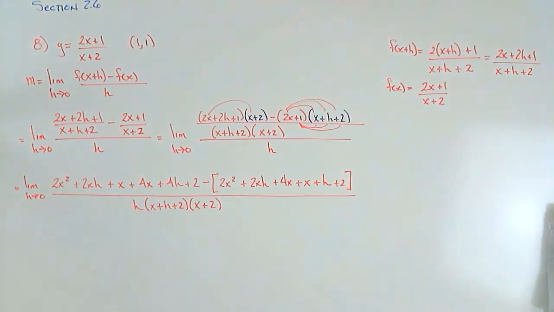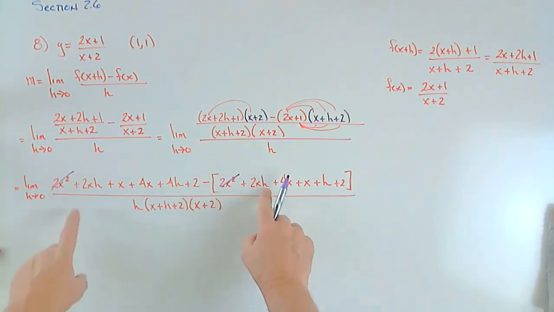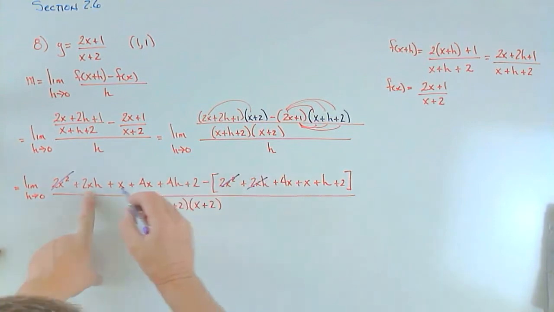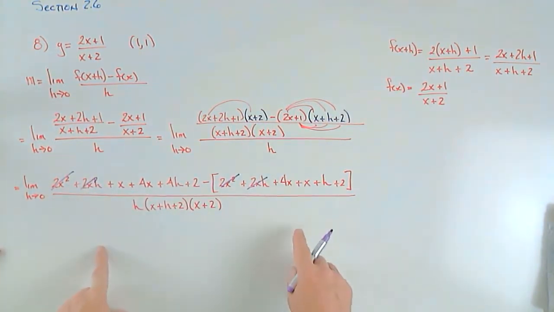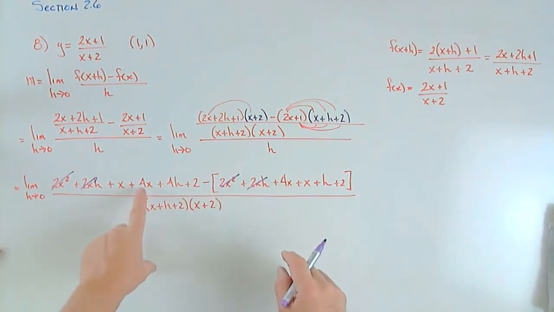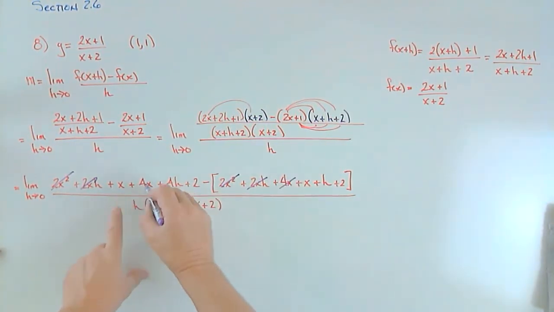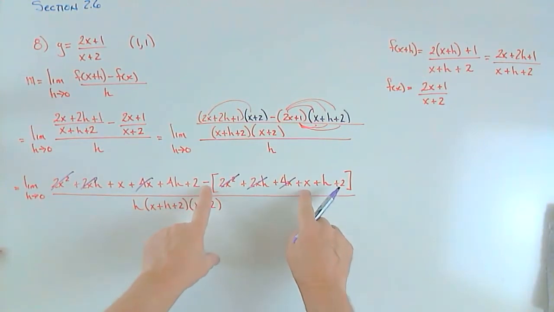Now, does any of this cancel? That's our next question. Here's negative 2x squared. Here's positive 2x squared. Here's negative 2xh. Here's positive 2xh. Here's negative 4x. Here's positive 4x. Here's negative x.